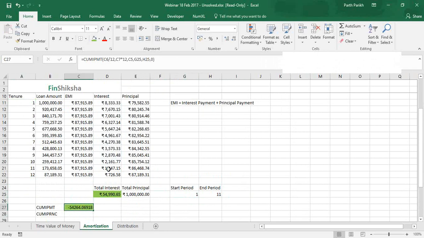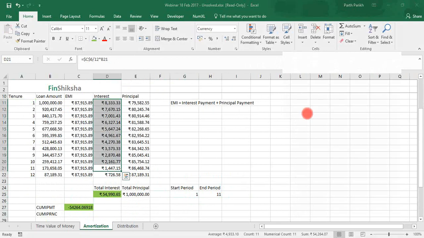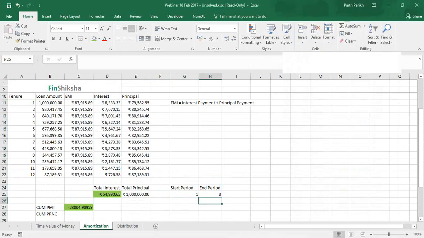It says 54,264. If I calculate the interest, then over here it gives me 54,264. If I calculate the cumulative interest for only 3 periods, it is 23,004, which is the sum of the first 3, which is over here.